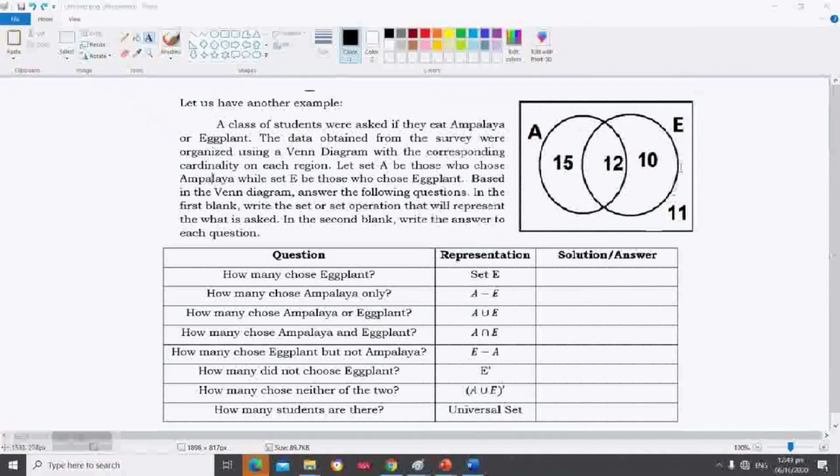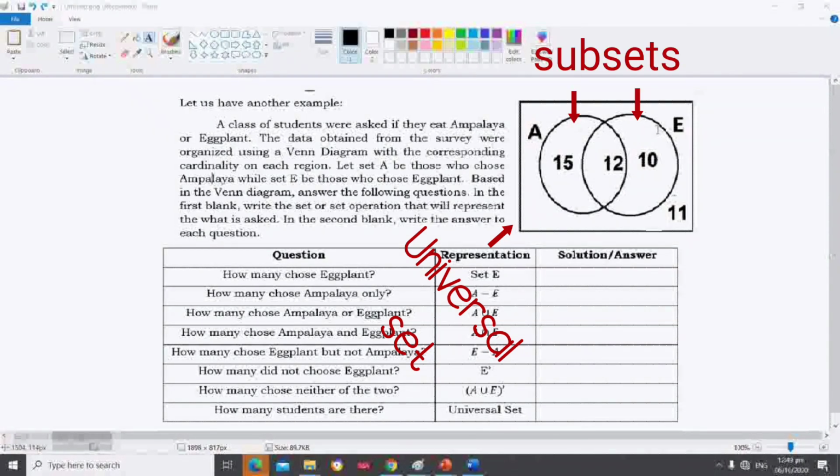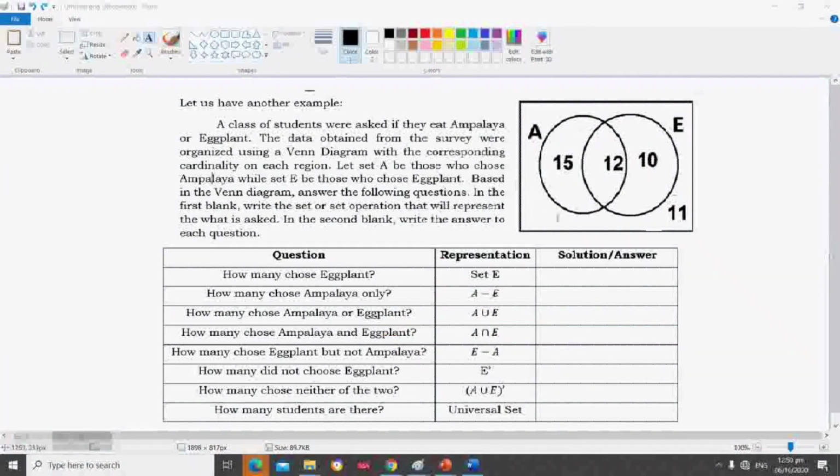So the rectangle represents the universal set and the two circles represent the two subsets of the universal set. So ito nga yung set A, it represents those who chose ampalaya, while this circle E represents those who chose eggplant. So let us proceed to the question.